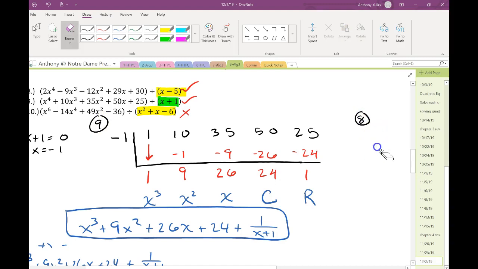All right, so I'll start with my setup here. What number is going to go outside of the little bar that I have to make? Positive 5. Everybody good with how we got positive 5? Set that equal to 0 and solve, right?